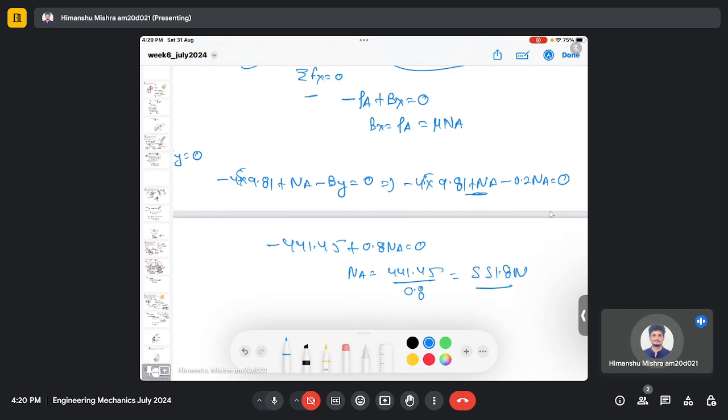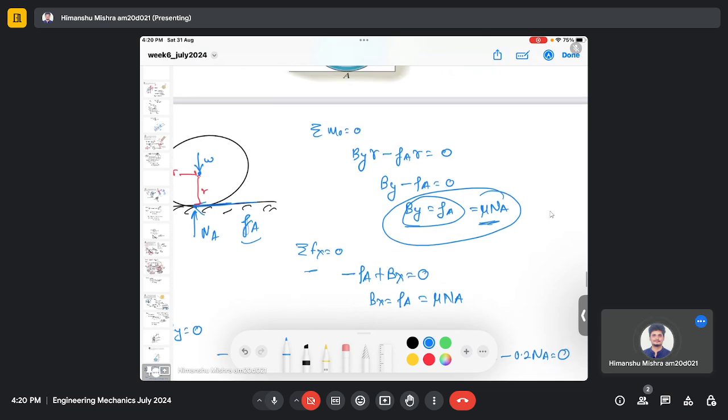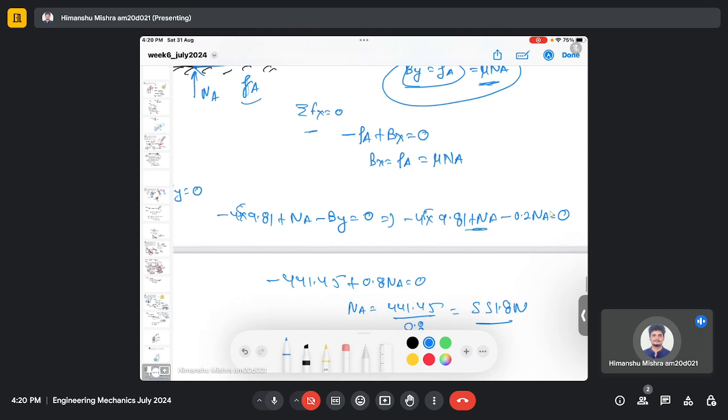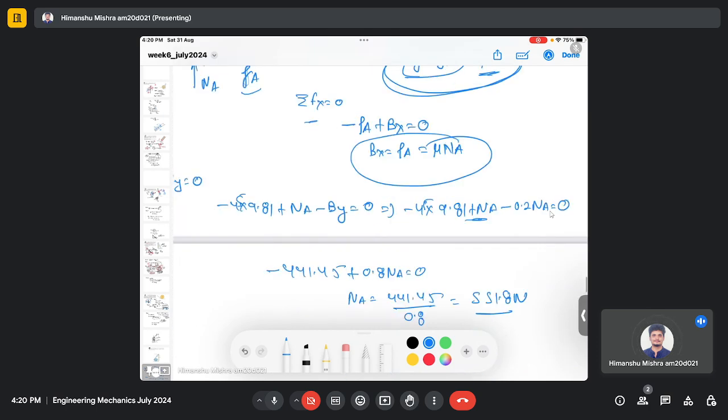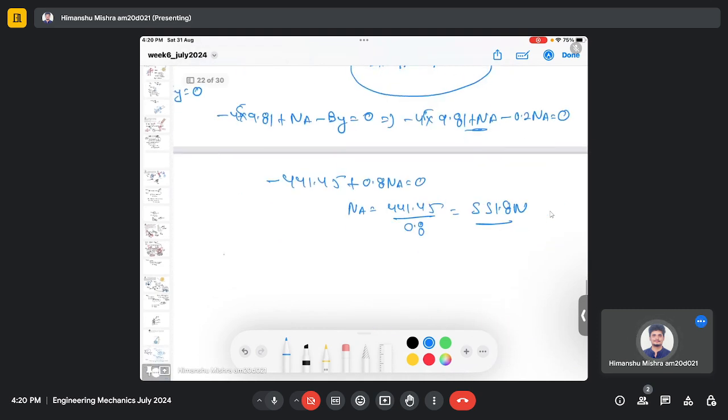So this is my normal reaction at point A. Once I have found the normal reaction at point A, I can easily find Bx and By, which equal mu Na. So my Bx equals By equals mu Na, so it will be 110.3625 Newton.